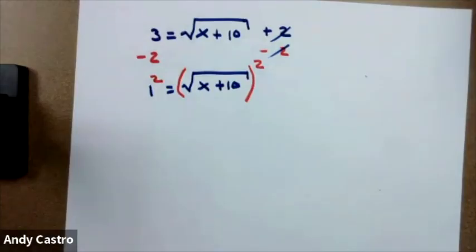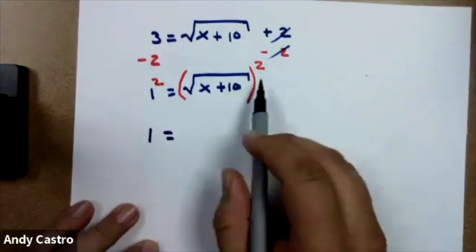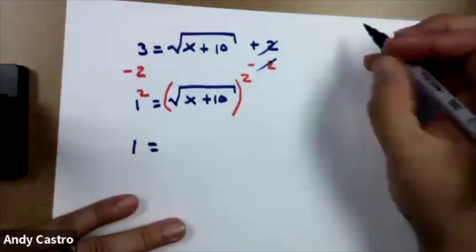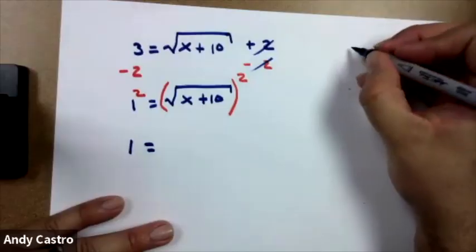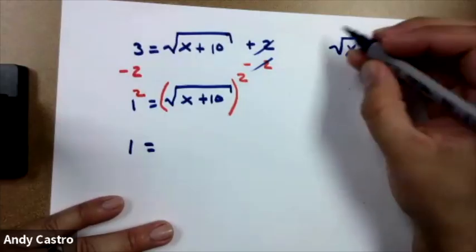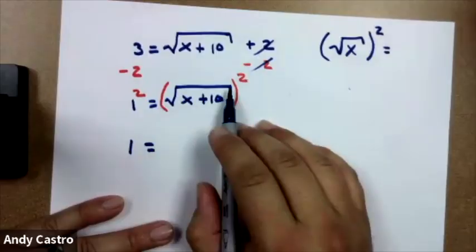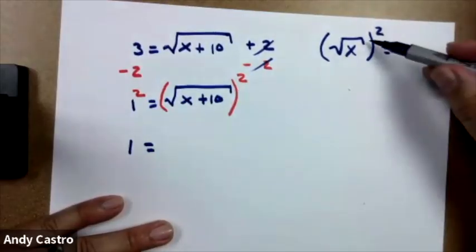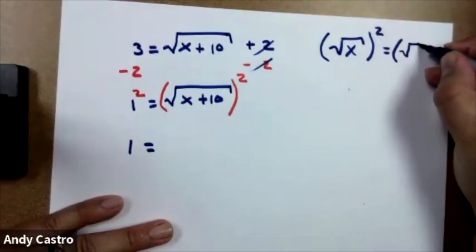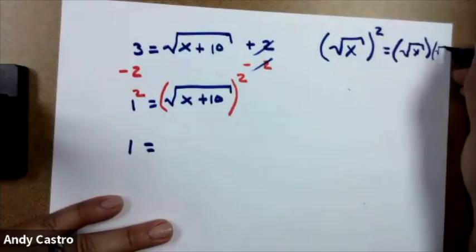This does a couple of things for me. 1 squared is simply just 1. But here, the square root of something squared, what is that? If we take any number or expression represented by the letter x, and we take the square root of it, then we take the square of it, which is what we're doing here, well, if I square this, that is the square root of x times the square root of x.